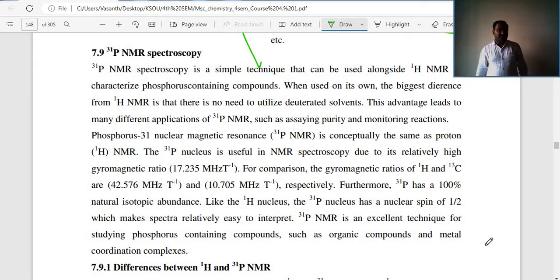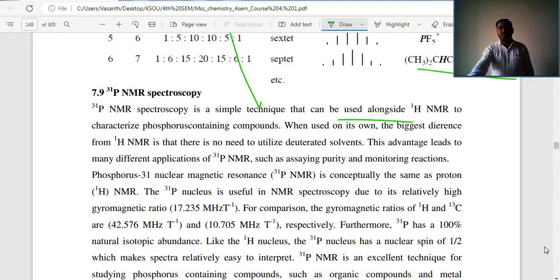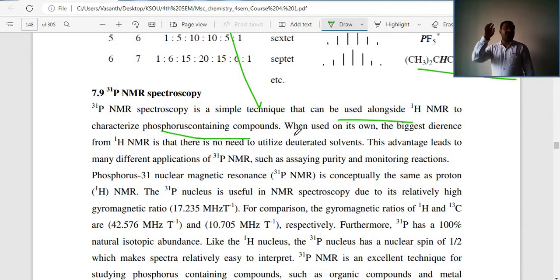Next we will discuss phosphorus-31 NMR spectroscopy. Phosphorus NMR spectroscopy is a simple technique that can be used alongside proton NMR to characterize phosphorus-containing compounds.